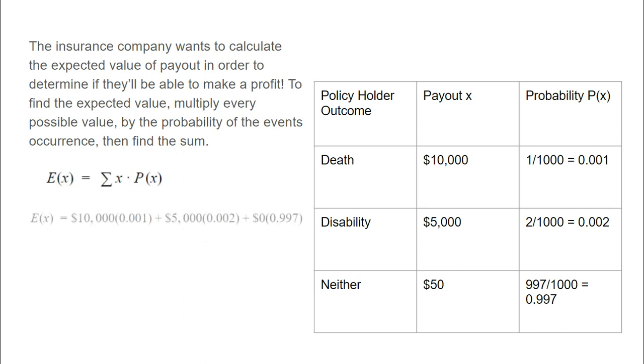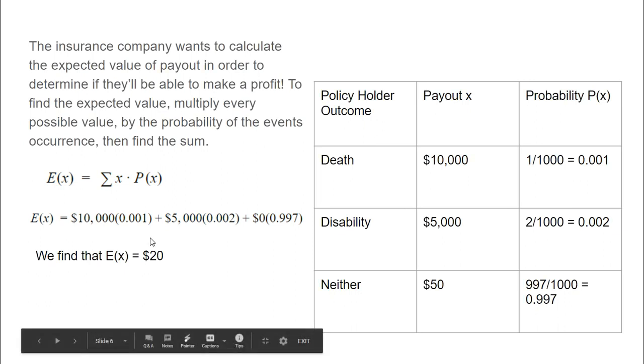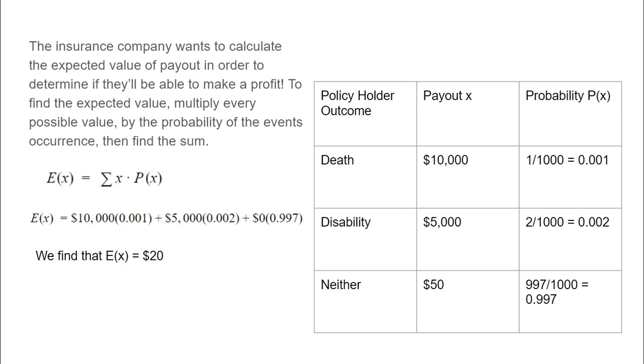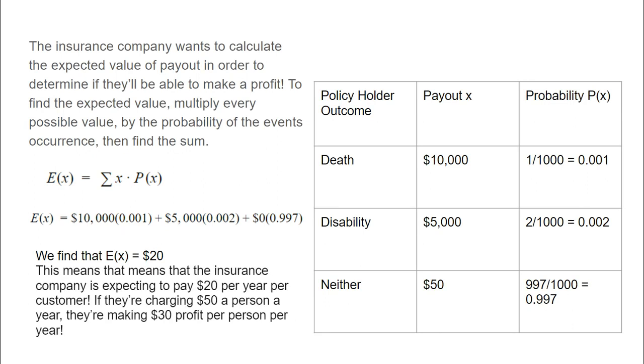So this is the equation: $10,000 times 0.001, $5,000 times 0.002, and then $0 times 0.997. And then we find that E(X) is equal to 20. That means the insurance company should expect to pay out $20 per customer per year.